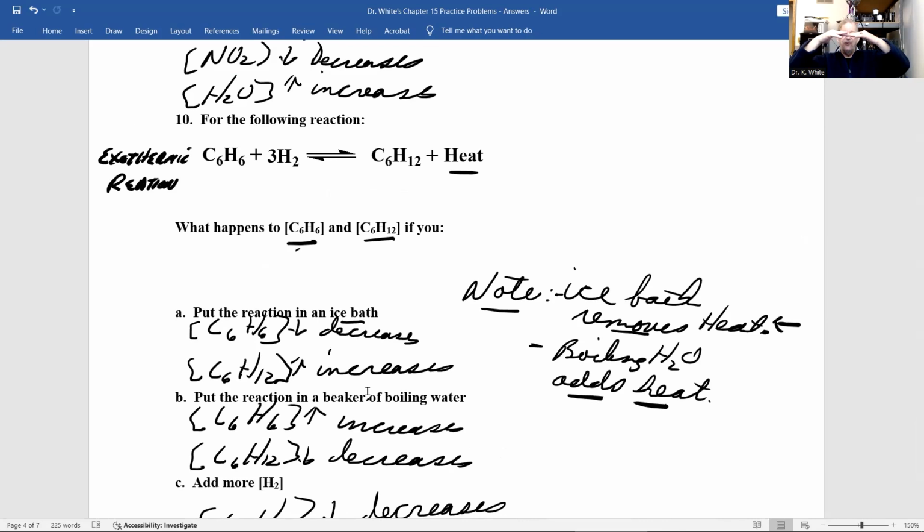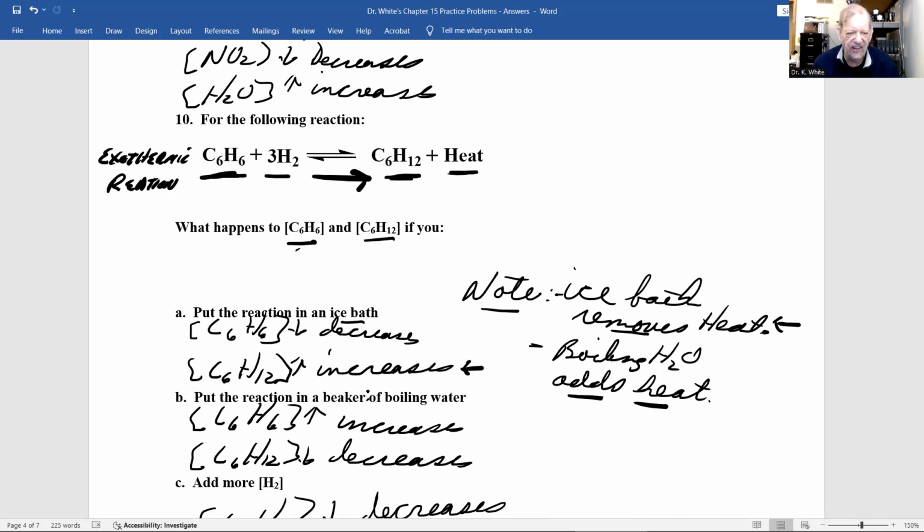The ice bath removes the heat and it wants to be back here. So it says, oh, I need more heat. How can it make more heat? By having the hydrogens, H2, react to make more of this and more heat. Well, if you're making more C6H12, the amount increases. Now on this side, that's reacting with the hydrogen to make more heat.